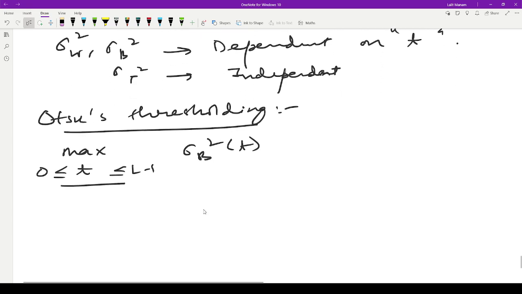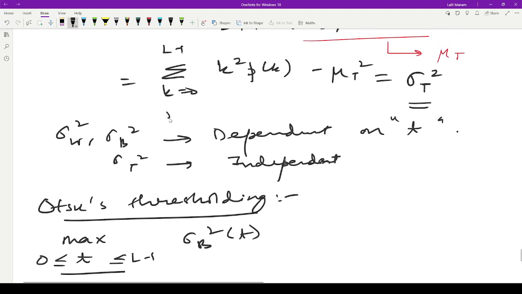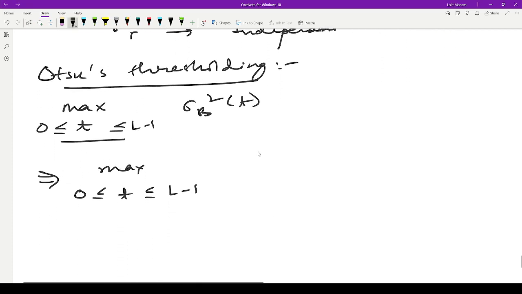Which equivalently can be given as maximize over t from 0 to L minus 1, sigma b squared of t. If I use this expression, sigma b squared plus sigma w squared equals sigma t squared, it will turn out to be sigma t squared minus sigma w squared of t. So Otsu's thresholding is what?